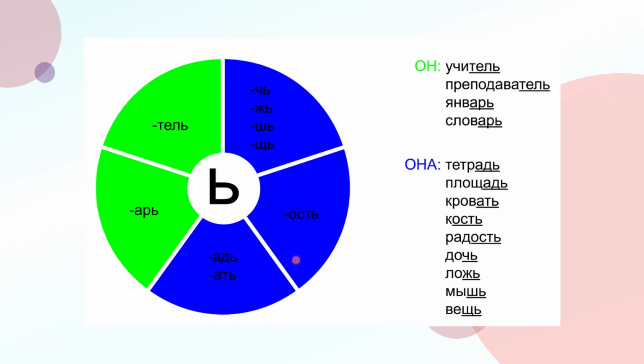So for example, if the noun ends with ость, it will be in feminine gender. For example, кость, bone, радость, дочь, ложь. Or for masculine gender, тель, учитель, teacher, январь, January.